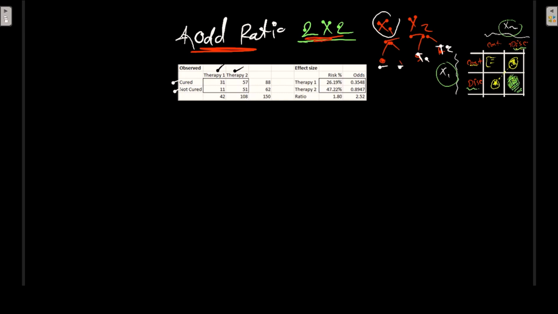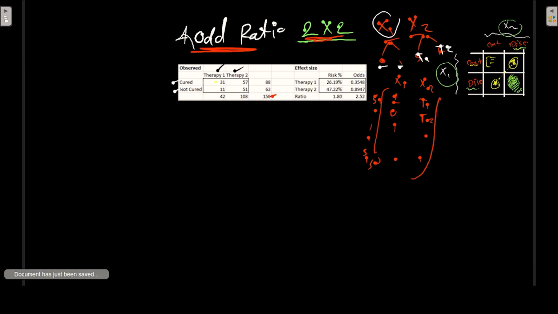Now, basically, I have got 150 patients. Happens to see that X1 was successful and used, for example, therapy 1, the other one unfortunately was not successful and used therapy 2, etc. This is how we collected the data. Now this is telling me the following: 31 were cured who used therapy 1, and 11 were not cured using therapy 1. That means I got 42 people out of 150 who used therapy 1.